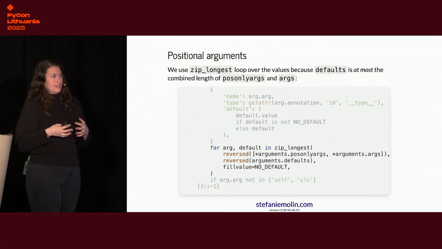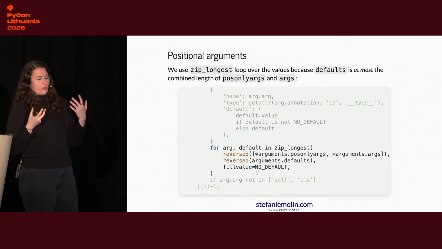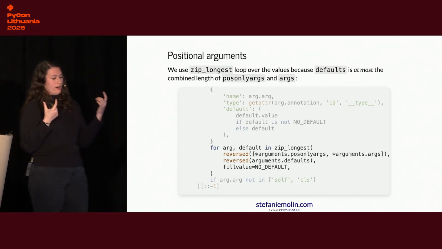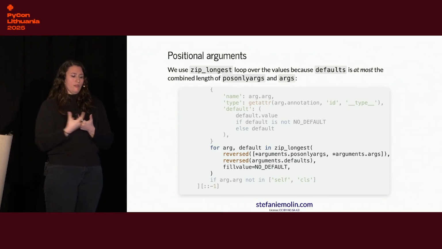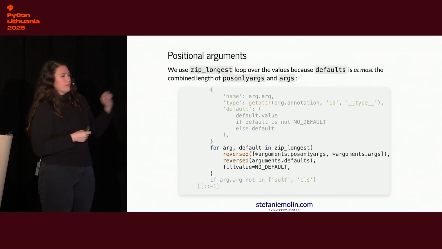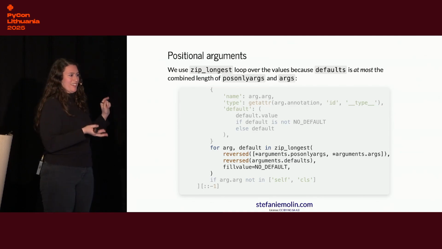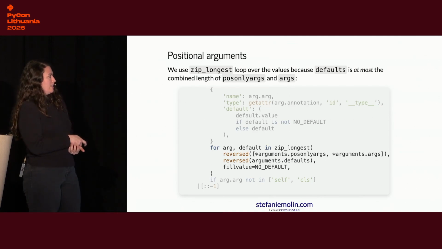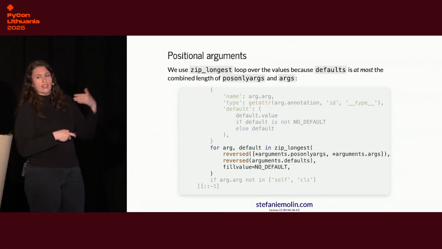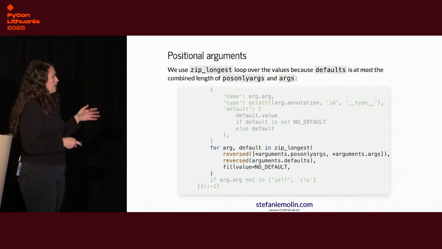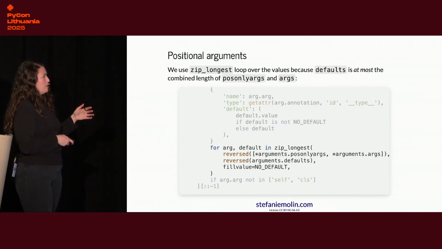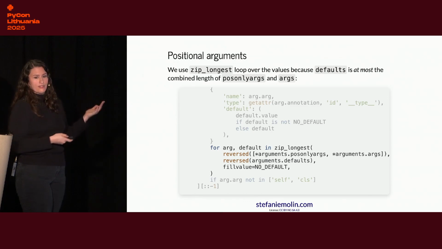And so what that does is if you have two or multiple iterators that are of different length, whichever ones run out, instead of causing a StopIteration, it will provide that fill value, which is normally None, but we know that None has a meaning that we want to preserve. So we're going to tell it, when you run out, start emitting NO_DEFAULT. And so this means that at each iteration, we're going to have an arg and a default associated to it.